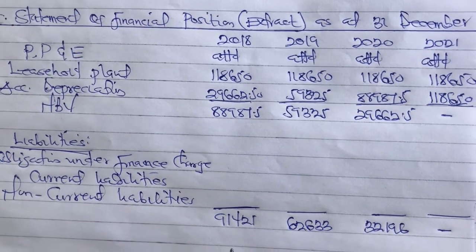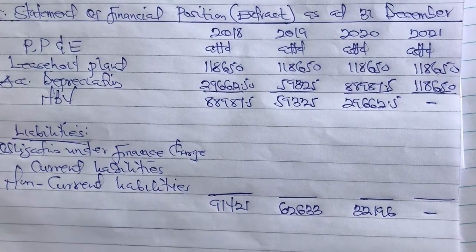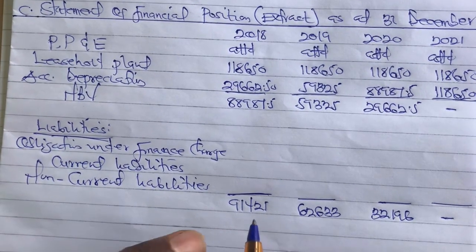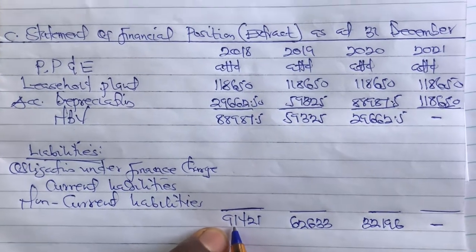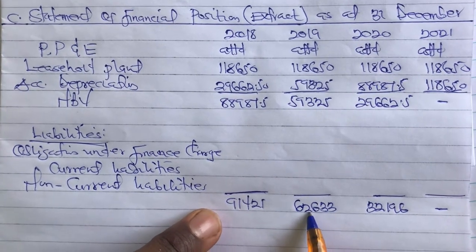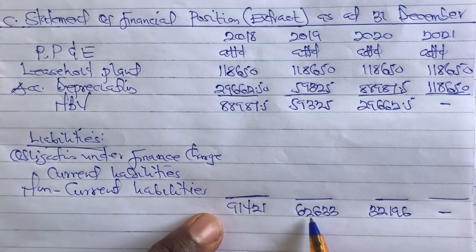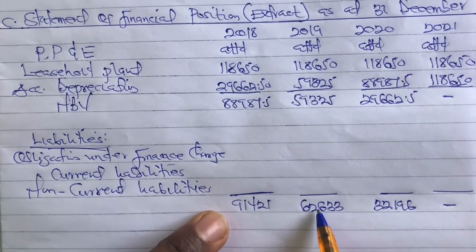Okay, so in order to do the splitting, this is quite tedious, so just have a look at it as I do it. Okay, so if this is the liability at the close of the period for 2018, and at the end of 2019 it becomes 62,633, it means there has been a current liability, or a liability that has been paid within one financial year. That is why the amount has been reduced.